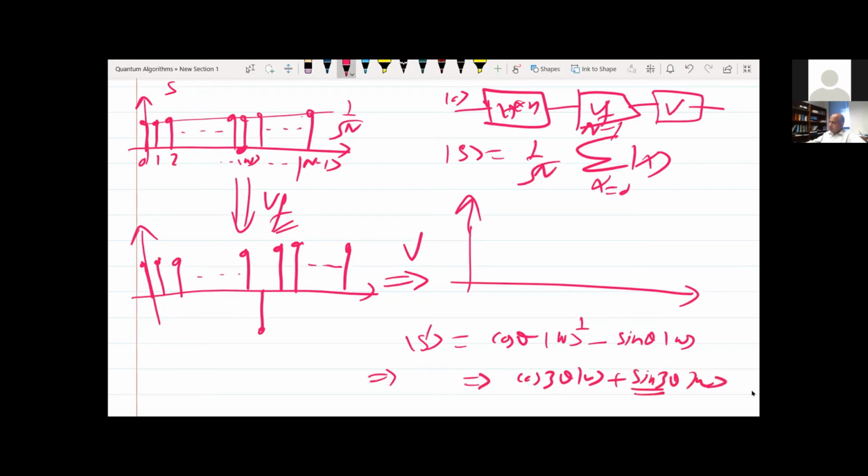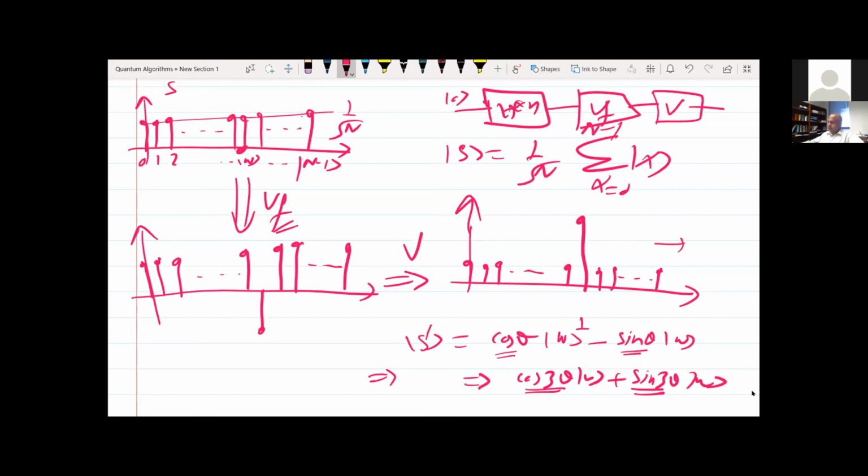So sine 3 theta is larger than sine theta, and cos 3 theta is smaller than cos theta. So the amplitude of these states reduced, and the amplitude of this W state increased. This is what we got after one application of V.